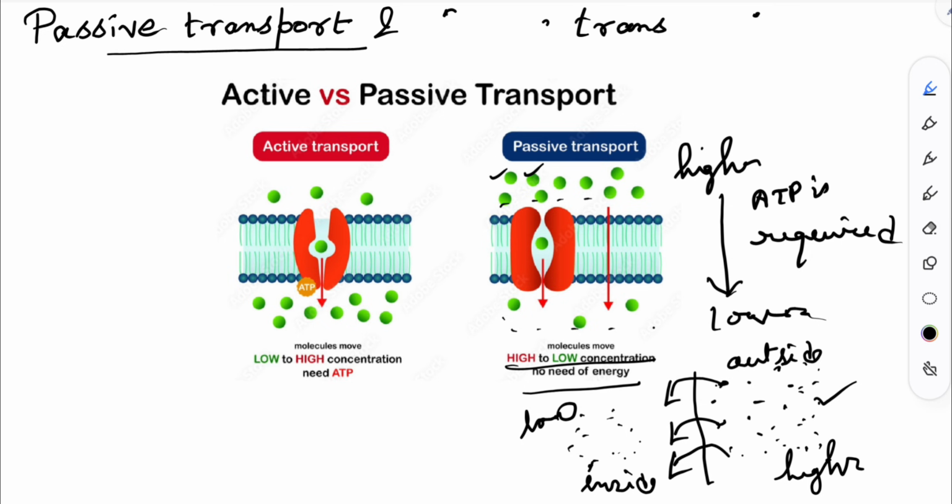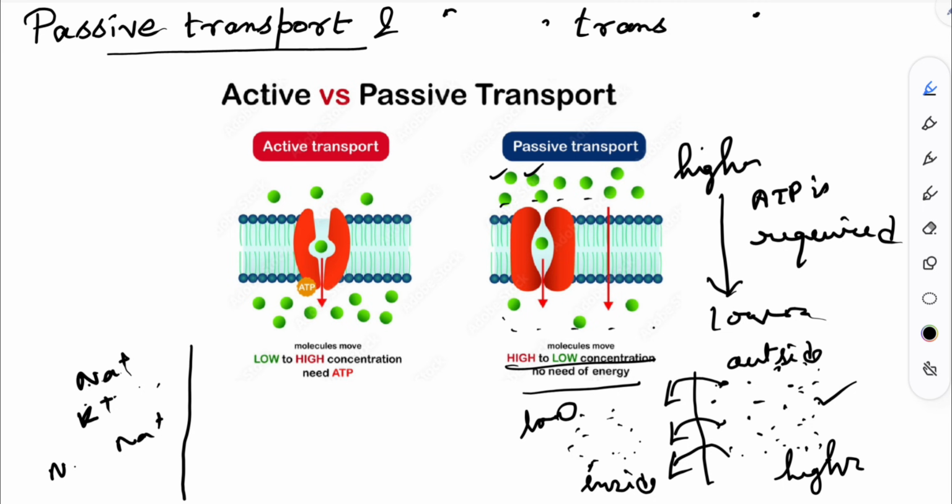Now this is one scenario. In another scenario, in active transport, suppose inside the cell there are already some ions like sodium, potassium, manganese. These minerals are already present.